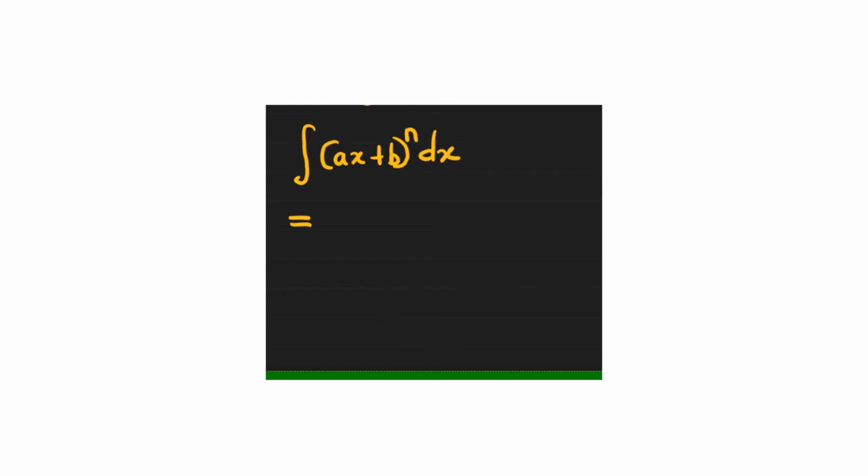As you integrate this, the integration will now be given by (ax + b) to the power of n + 1 all over n + 1, multiplied by, if you differentiate our expression ax + b, the derivative is equal to a.